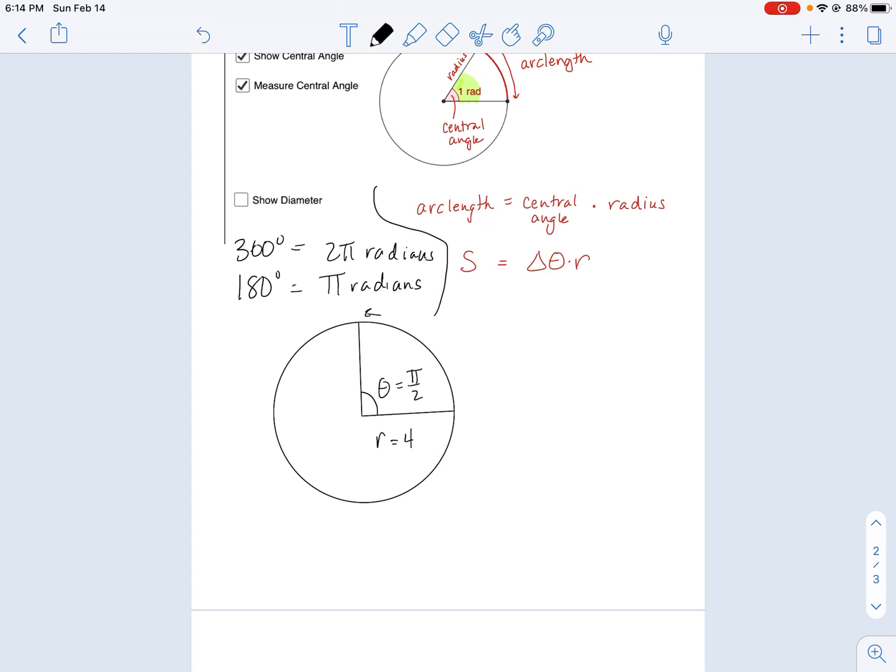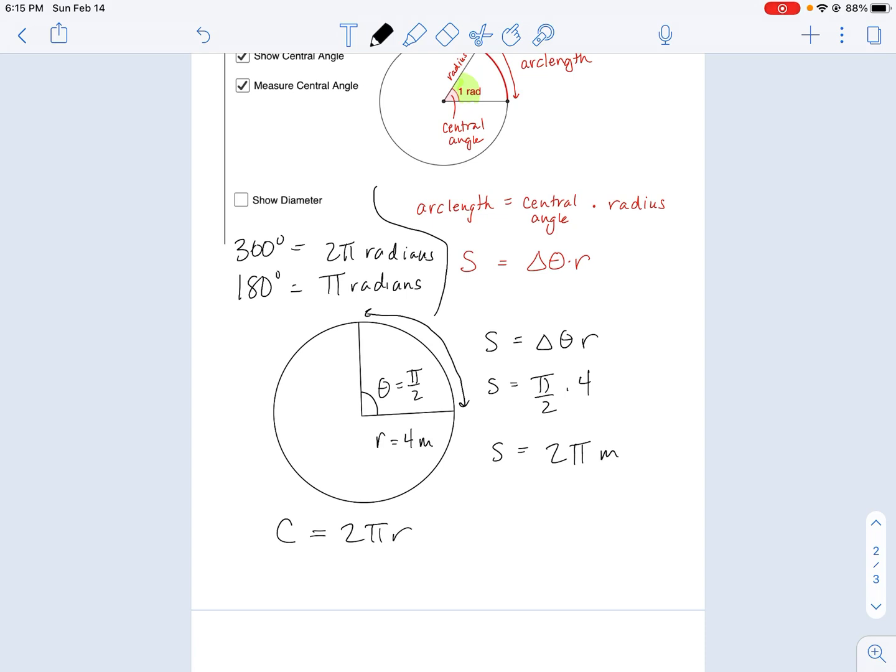So if I wanted to find this arc length, it would be equal to pi over 2 times 4, or it would be equal to 2 pi. If the radius was in meters, my answer would be in meters. If you didn't know about radians, you could figure it out using what you learned in an earlier geometry class.